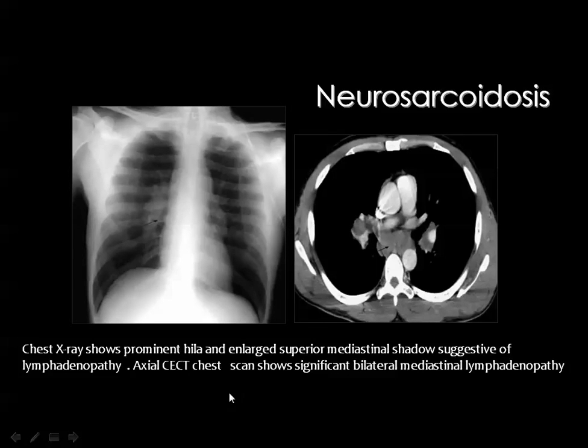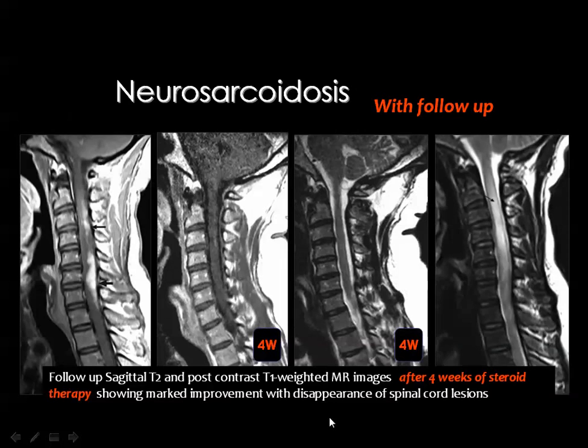This is the typical appearance of sarcoid in the chest, and you get bilateral, almost symmetrical enlargement of the hilar shadows, showing the lobulated or festooned appearance, denoting the presence of lymphadenopathy. Then if you look at the CT scan you see the classic appearance of lymph nodes, which are discrete, homogeneous without areas of breakdown, and they may contain calcium. These nodes are almost pathognomonic for sarcoid inside the chest.